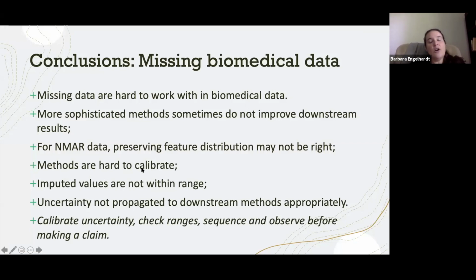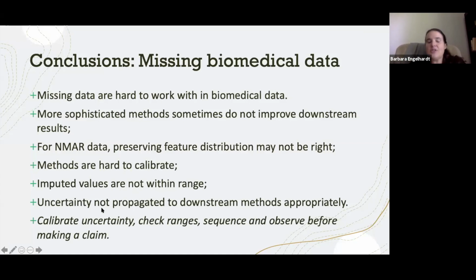The methods are really hard to calibrate. I think there's a lot of echo chamber problems with calibration of the imputation methods. Often we find that the imputed values are not within range. This happened a lot with our medical data in particular, which made it really hard to work with sometimes.